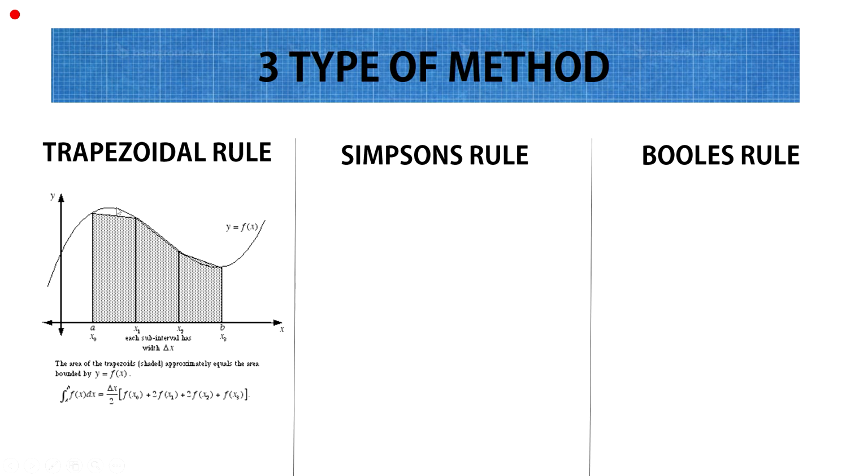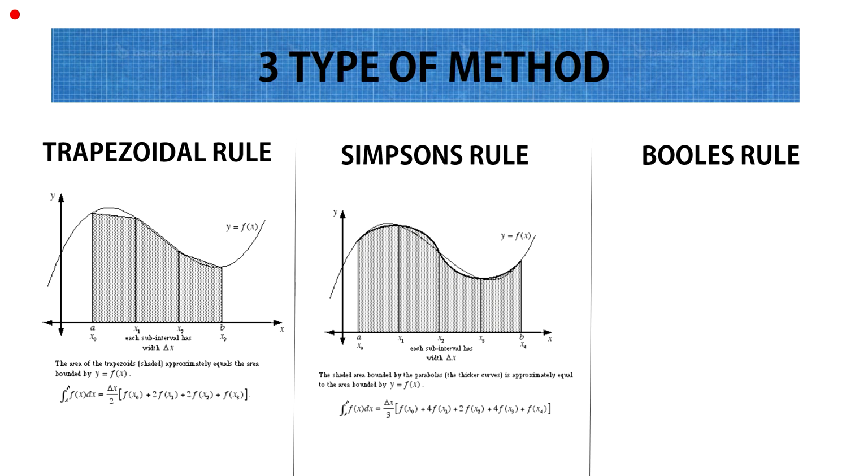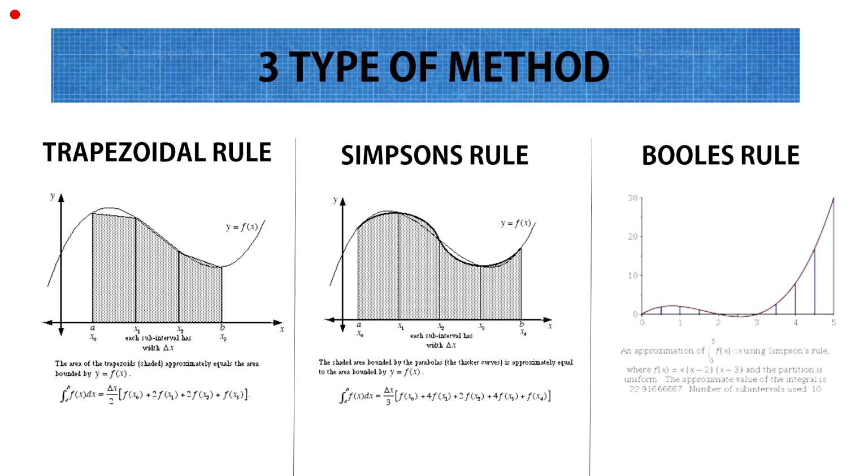The smaller the error, the closer the value is to the actual reading. It is the same for Simpson's rule and Boole's rule. For Simpson's rule, the shaded region is the value that we have measured, and the unshaded region is the error that occurred during our calculation.